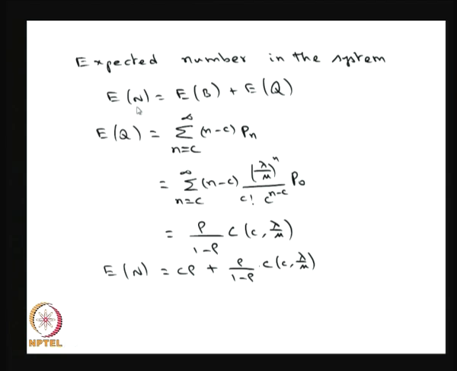Therefore, I will get the expected number of customers in the system. That involves the Erlang C formula. So, this Erlang C formula is used to get the expected number of customers in the system, and then later we can do some optimization over the expected number with the specified C and lambda by mu.